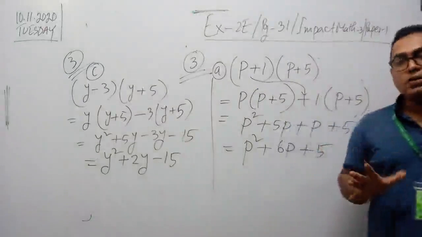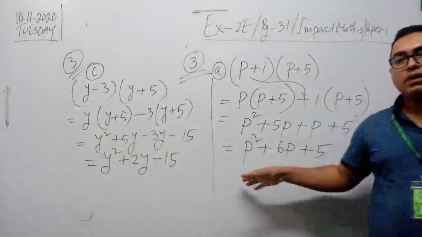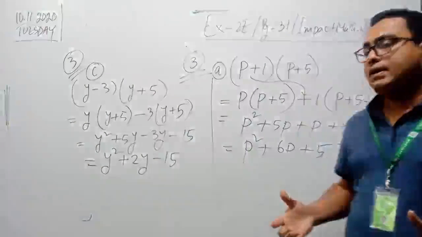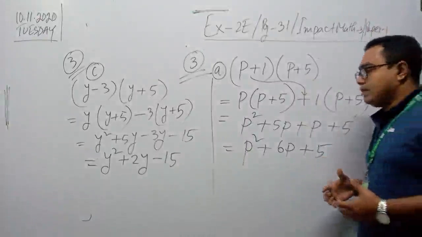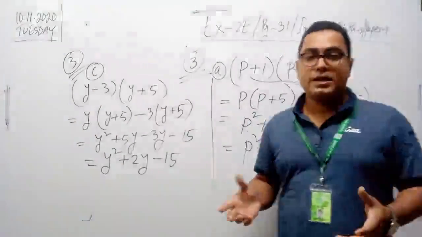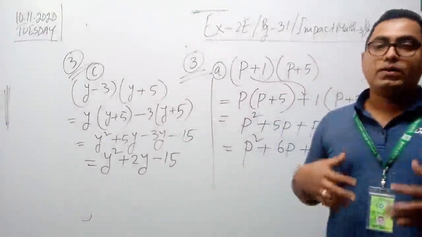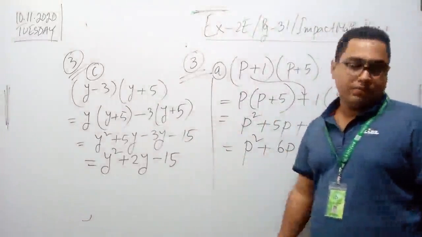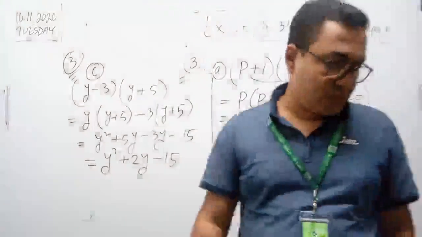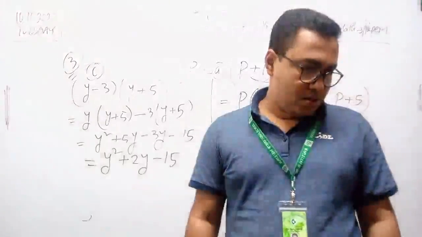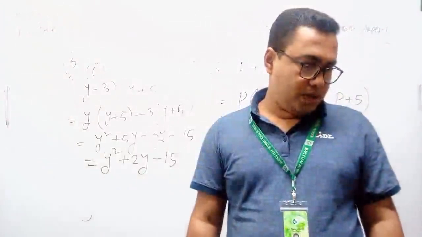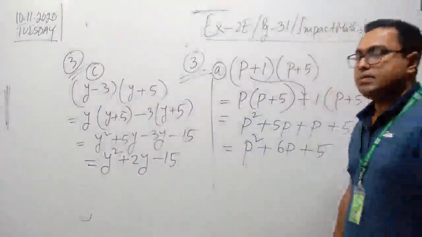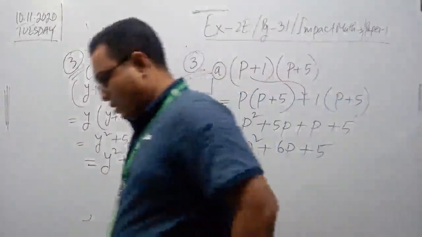Try to learn the concept of what you are learning here properly, because in higher study, you have to find several types of expansion. It will help you if you have the fundamental theory, mainly distribution. Sir, can you please solve a math from method 1? Yes, of course, I will solve a math from method 1. No problem.